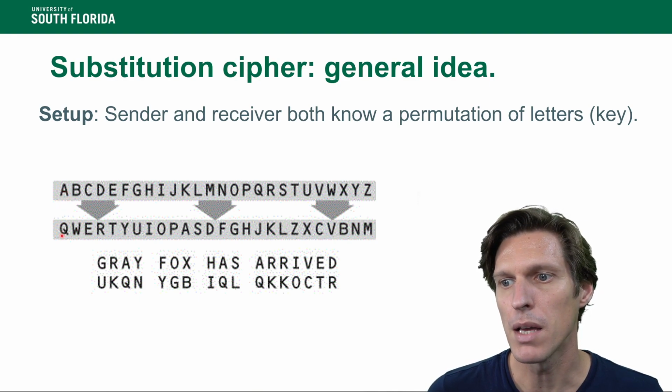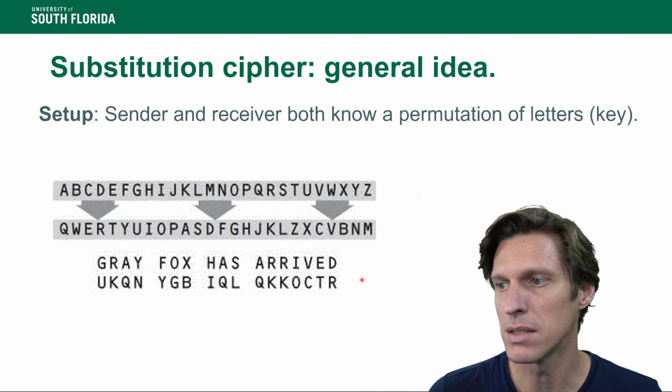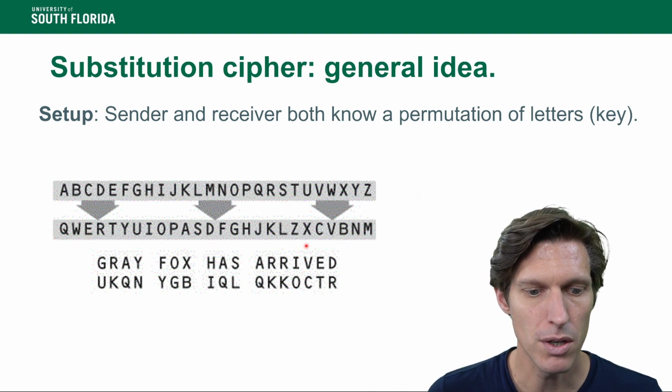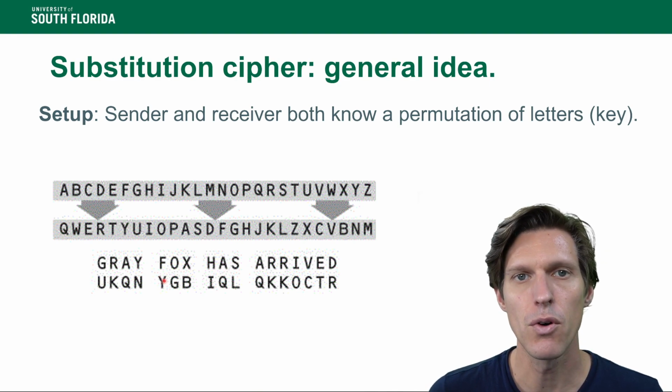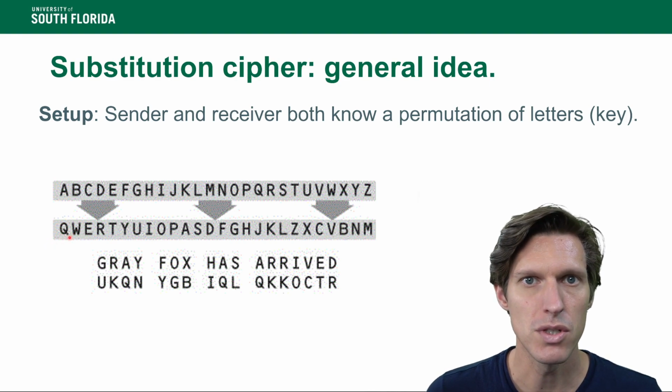For example, A's become Q's, B's become W's, C's become D's, and then this is an example of how an encryption of this text would look. And of course, to decrypt, you perform the substitutions in the reverse order.